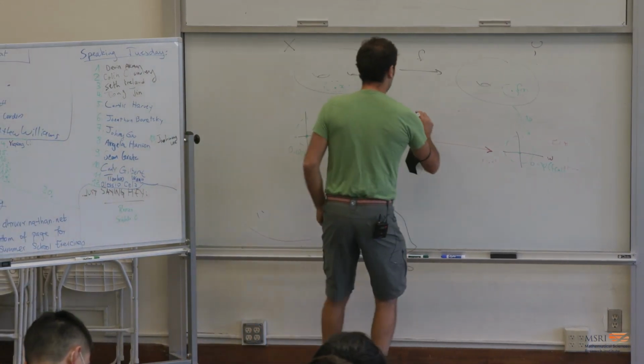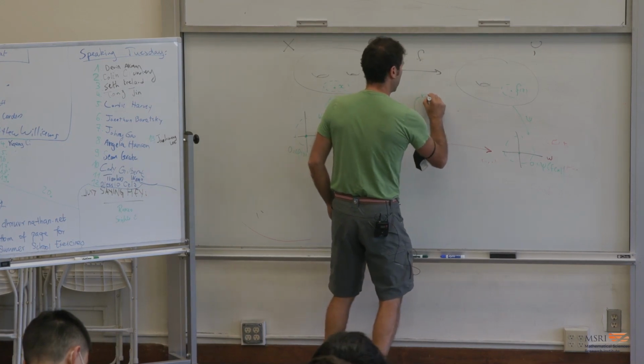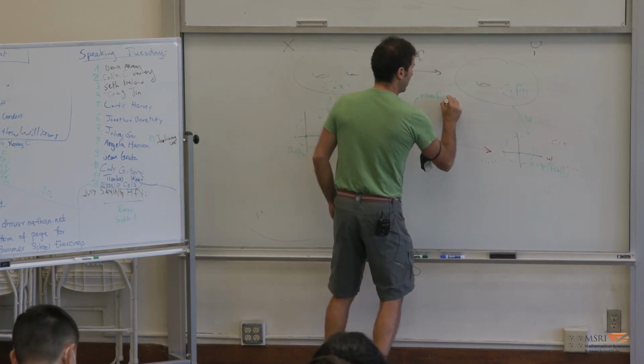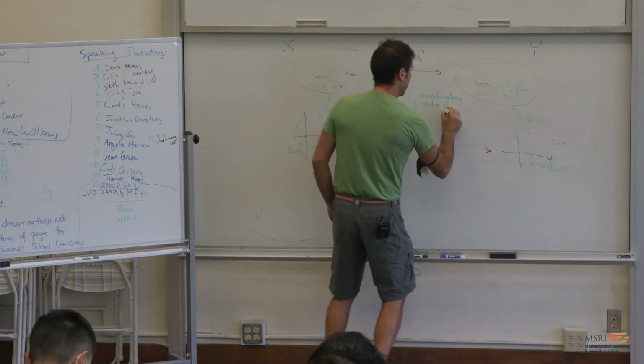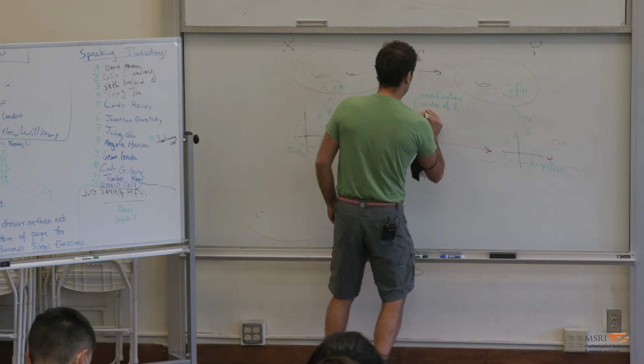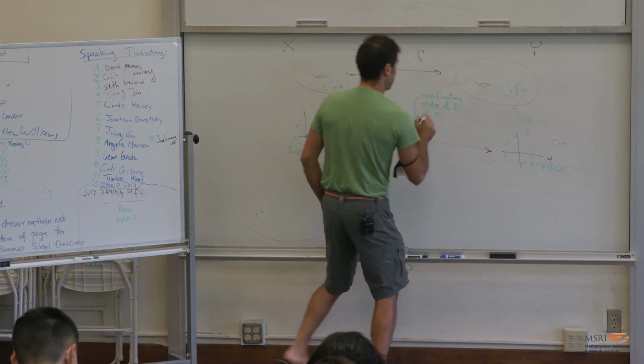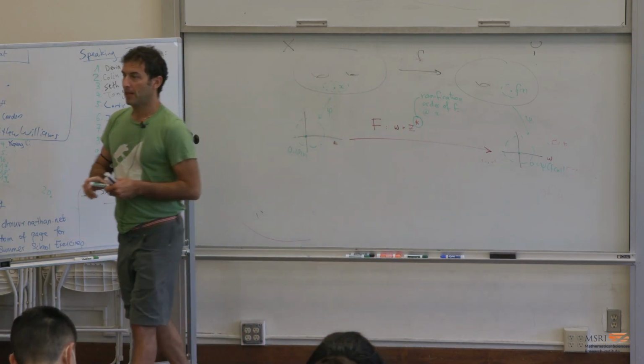So this is called the ramification order of f at the point x.